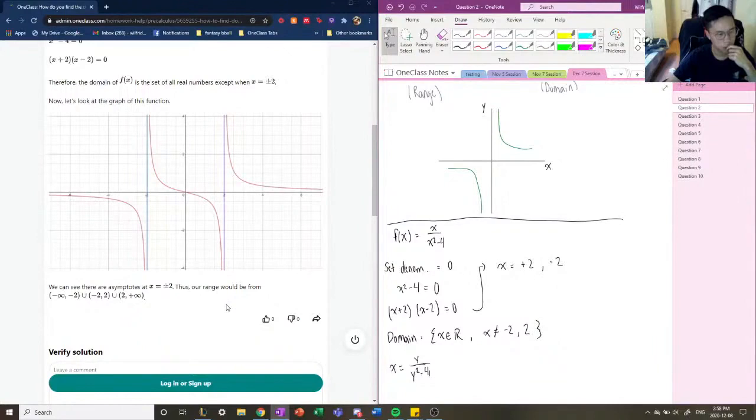Okay, so there's an issue with the statement here. So the range would actually be from negative infinity to infinity.